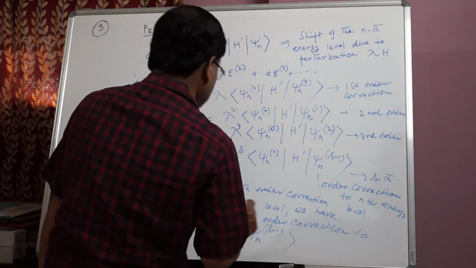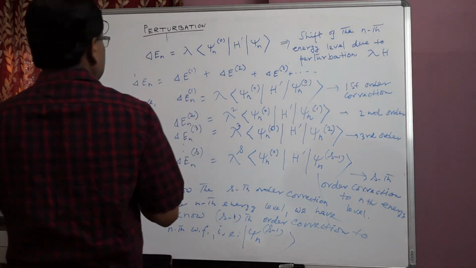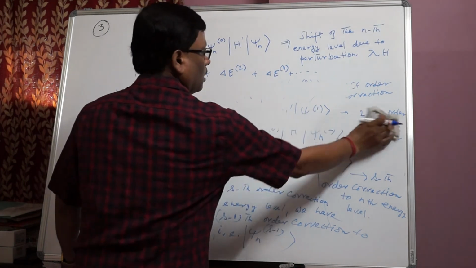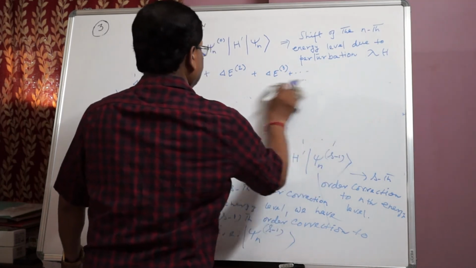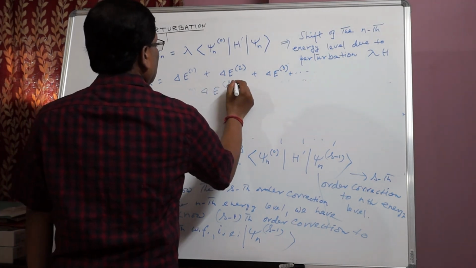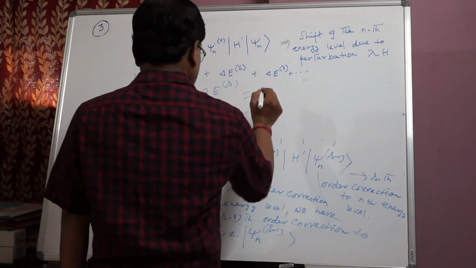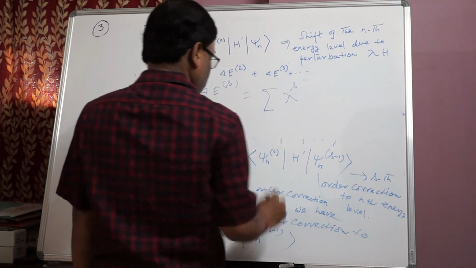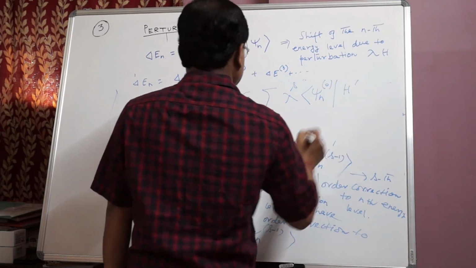So we can write these expressions as del Es, and then I can write this one lambda to the power s psi n0 h prime psi n s minus 1.